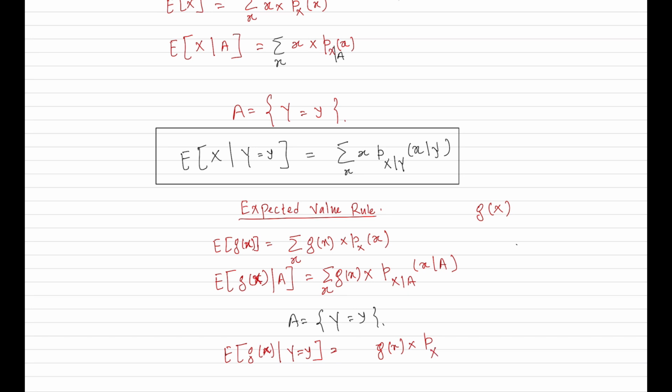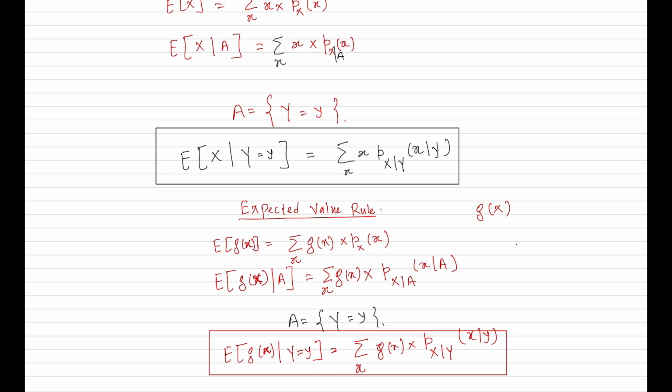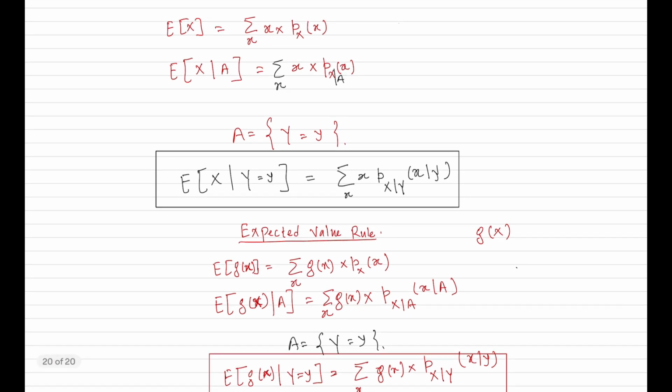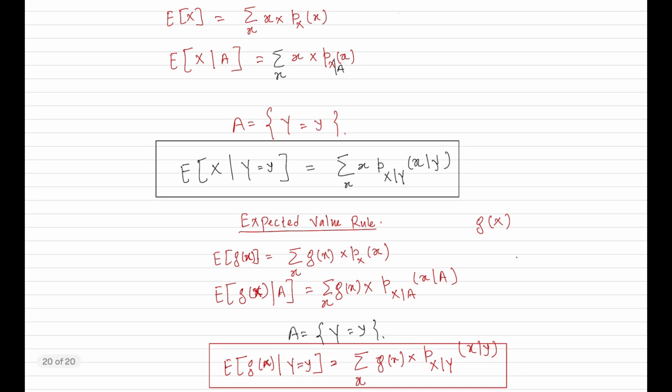We are talking about the random variable x given the random variable y, and we sum this product over all the possible values of x. So you see, in the case of multiple random variables, the conditional expectation is just about the notation, otherwise the idea remains the same.